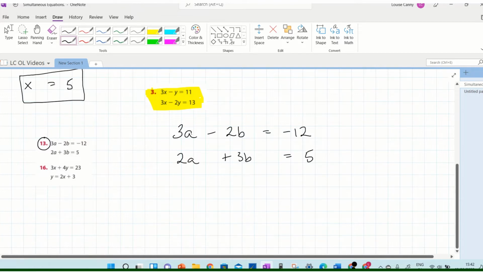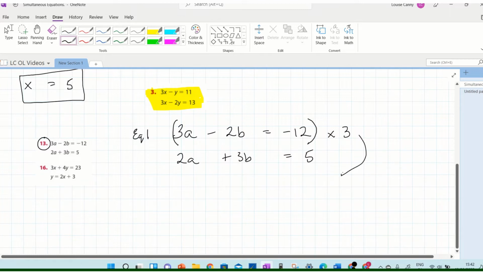So I'm going to go ahead and cancel out the b's. To do that, I'm going to have to multiply everything. I'm going to call this equation 1. And I want to eliminate my b's, so that means I'm going to have to take everything in this equation and multiply it by 3.